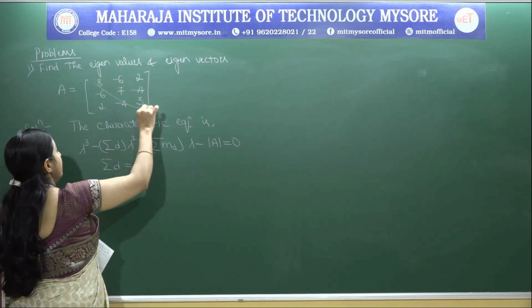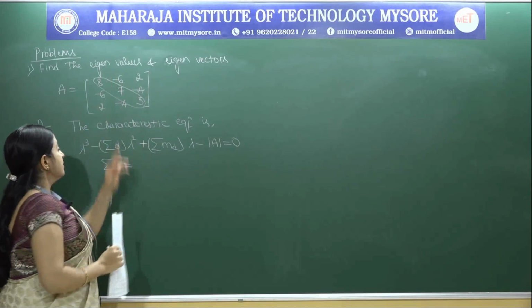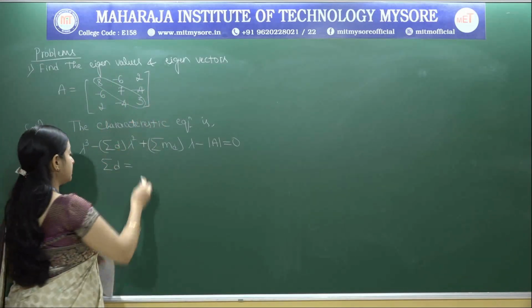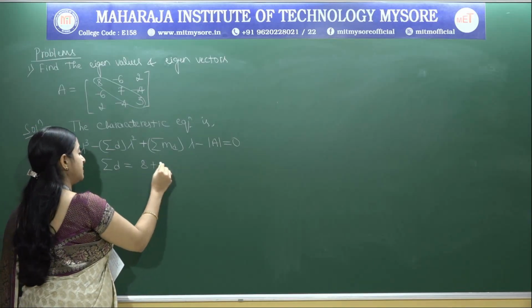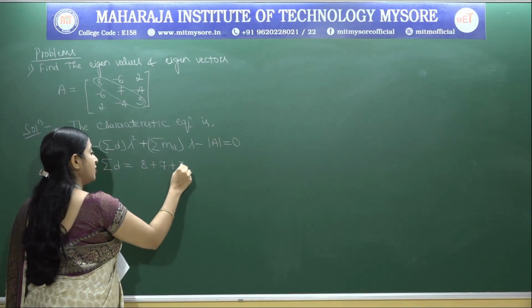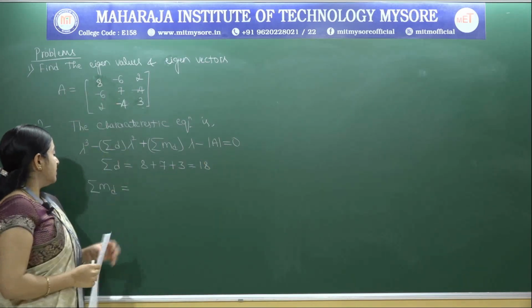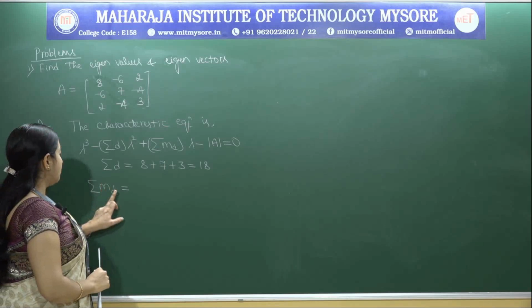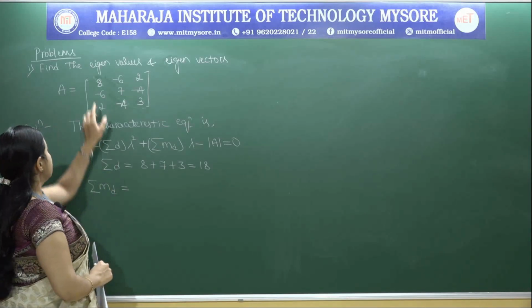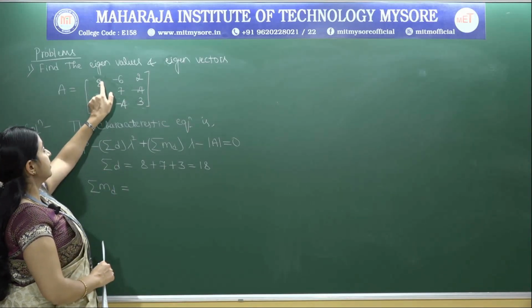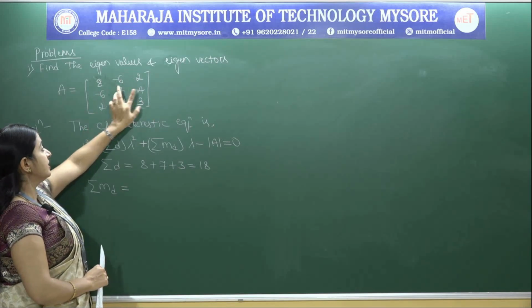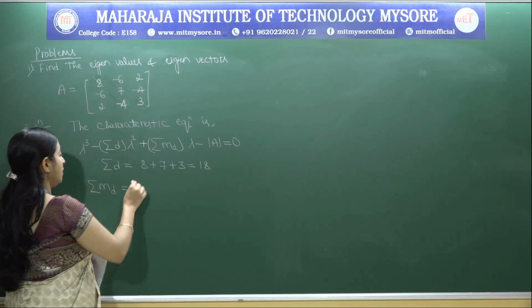So these are the diagonal entries. So take the summation of all these 3. So it is 8 plus 7 plus 3, you will get 18. So the second one, the summation of the minors of the diagonal elements. So this is the first entry, delete this row and column, take the determinant of the remaining term.